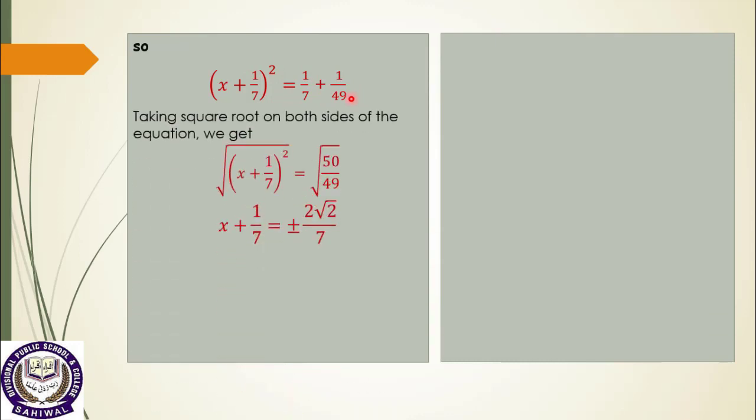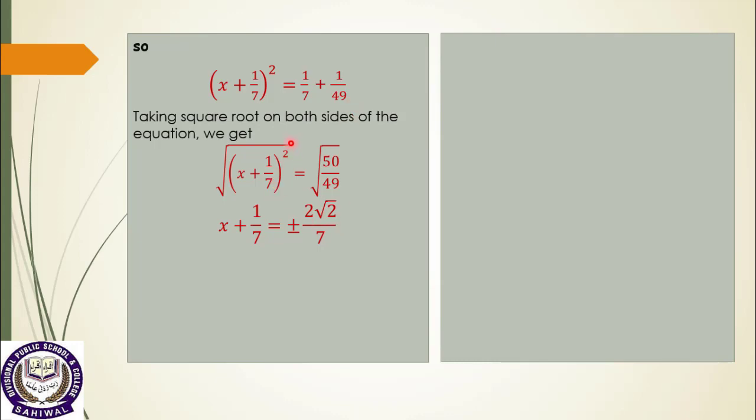Taking the square root on both sides of the equation, we get the square root of (x + 1/7)² is equal to the square root of 50/49. This fraction 50/49 can be obtained by taking the LCM of 1/7 + 1/49.